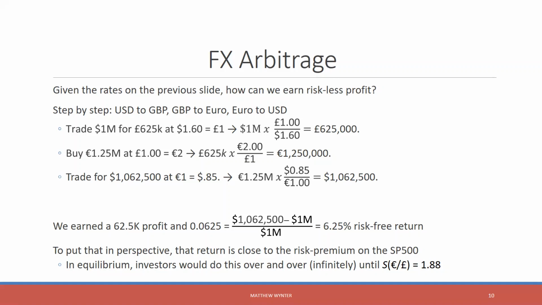When we have these arbitrage opportunities, we think of the market as efficiently responding to them by basically pricing them away. And that idea of no arbitrage is going to be very fundamental to our ability to price derivatives, and it plays a big role in the FX market.